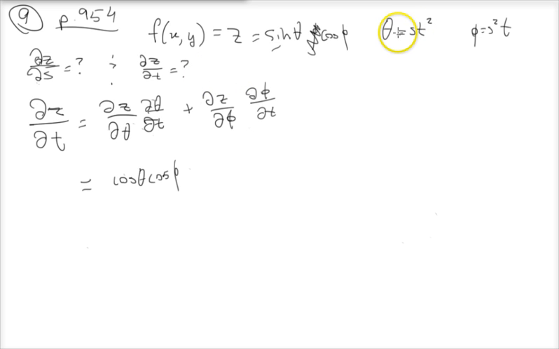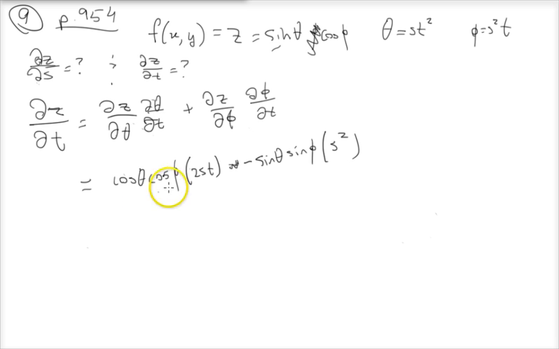We treat this s as a constant, and so we get 2st. Now we'll find the partial derivative of z with respect to phi. We treat the sine theta as a constant, and this positive is going to become a negative, so we get negative sine theta, sine phi. And we find the partial derivative of phi with respect to t. We treat this s squared as a constant, and we just get an s squared.